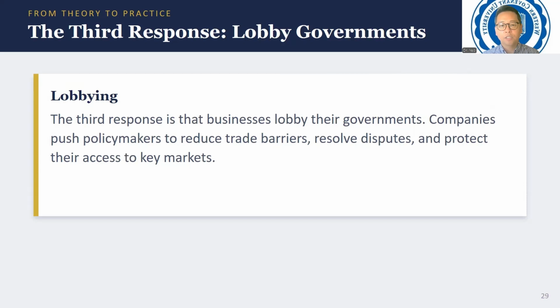This is a completely rational business response, since large companies have a lot at stake financially. However, it also shows us that trade policy is never purely about economic theory. It's also shaped by political pressure from powerful business interests.